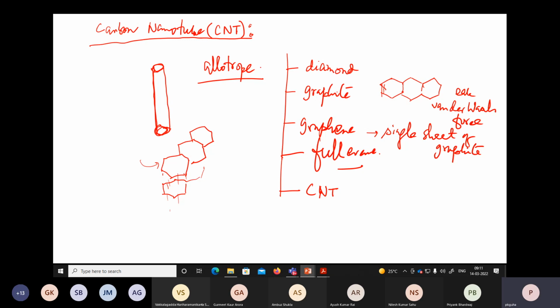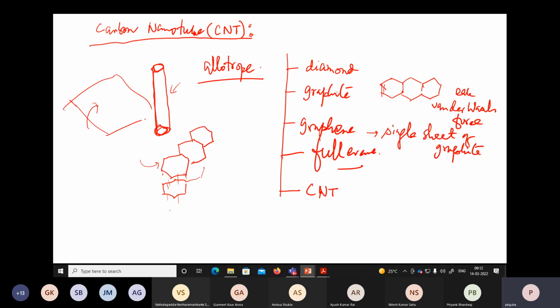These CNTs will form if you roll graphene. I mean, you will not literally roll graphene. Graphene is basically a sheet. If you roll it, you will form a tube. So that's basically your carbon nanotube.